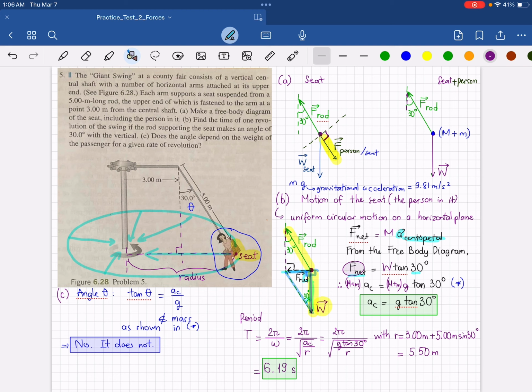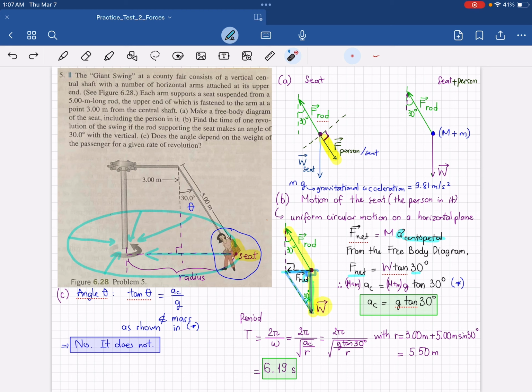The F net here will be the total mass times the acceleration. The weight will be the total mass of the system times the gravitational acceleration, and then the tangent of the angle, 30 degrees. So this is the one.